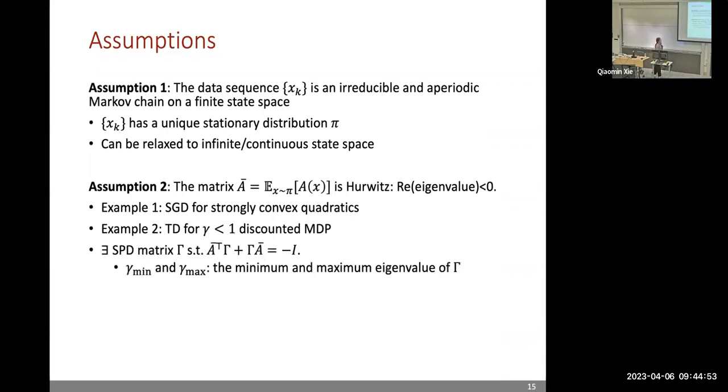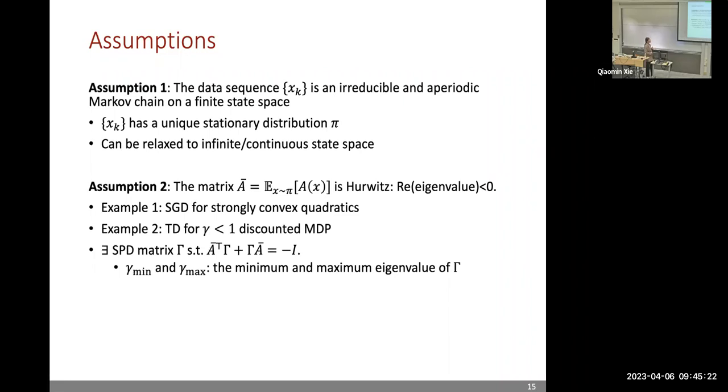An immediate implication of this assumption is that there exists some symmetric positive definite matrix gamma that satisfies the so-called Lyapunov equation. The reason I call it Lyapunov is that it comes from control theory. Later you might see two parameters, gamma min and gamma max, corresponding to the minimum and the maximum eigenvalue of the gamma matrix.